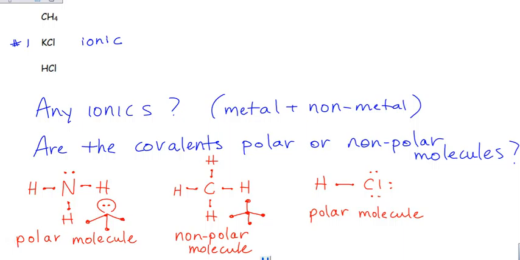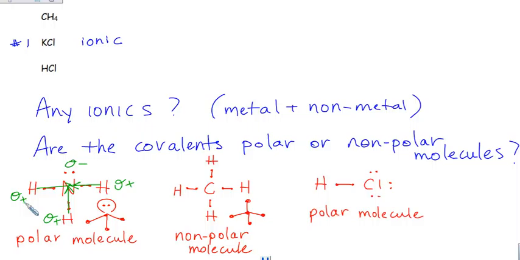The nitrogen is always partially negative. It has a high electronegativity, so the electrons are drawn toward the nitrogen, and there's a lone pair sitting up there, which then means that the little hydrogens are partially positive. This is a polar molecule, and the atoms will be very attracted to each other.